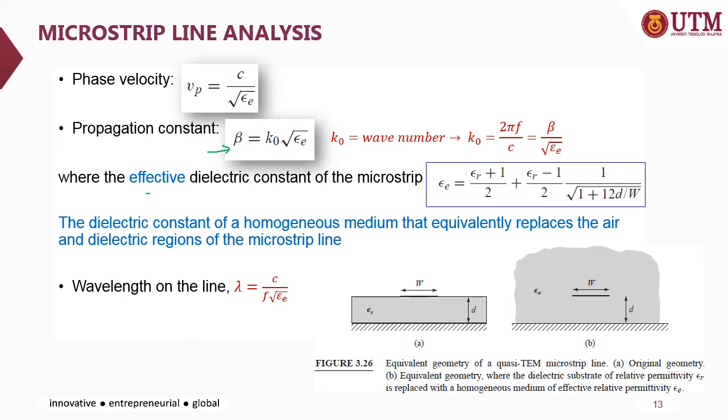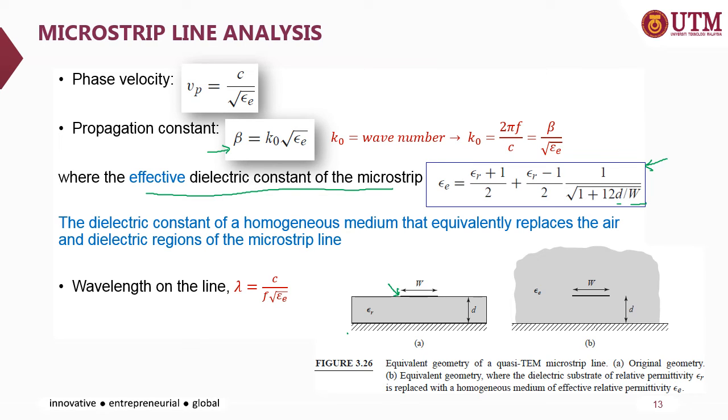So the effective dielectric constant of the microstrip can be calculated by this equation, in which you have the d and also the width. The d is basically the height or thickness of the substrate material that separates the microstrip line from the ground plane.